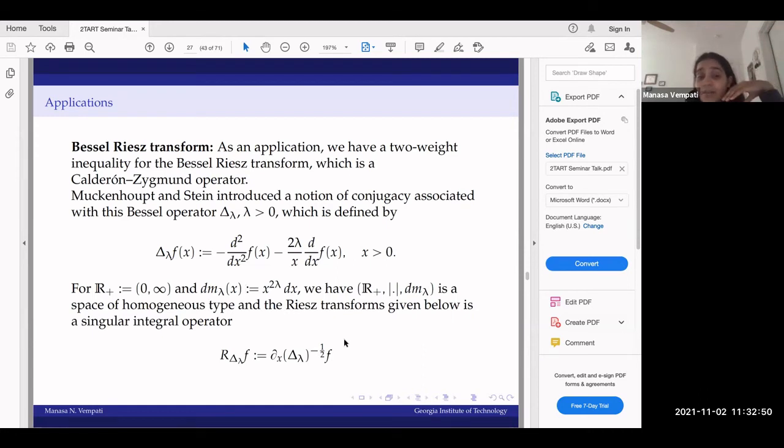However, the Poisson integral two-weight inequalities do not relate at all to the two-weight inequality for the Bessel-Riesz transform. So our version of the new Poisson integral was very important to tackle the two-weight inequality for the Bessel-Riesz transform. So this is an example that uses our new version of the Poisson integral, and this example motivated that construction for us.